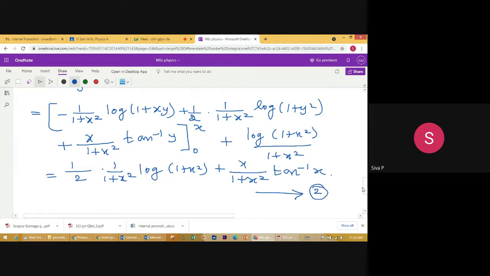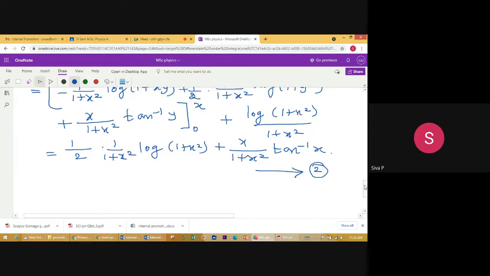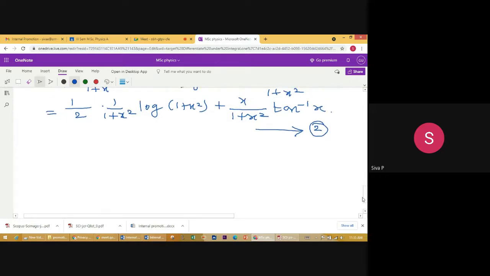Actually that is the first part solution.